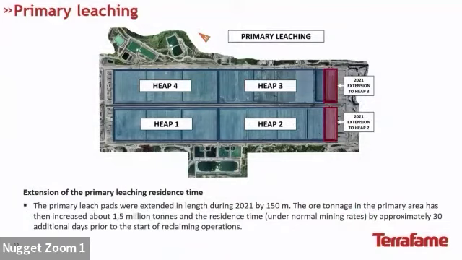We have taken first step with 150-meter extension for 2 primary heaps, and we are planning to have totally 600 meters in some years, so that we would have additionally 1 month more time in primary.